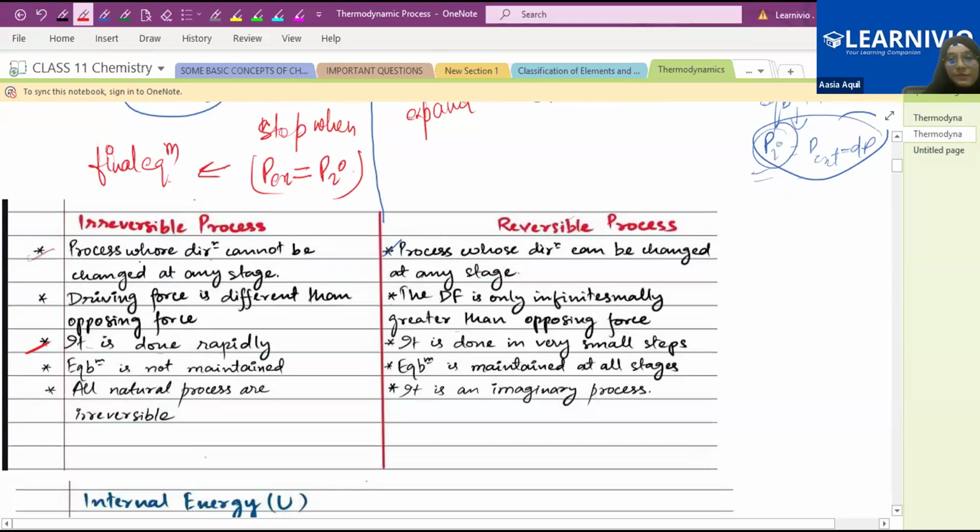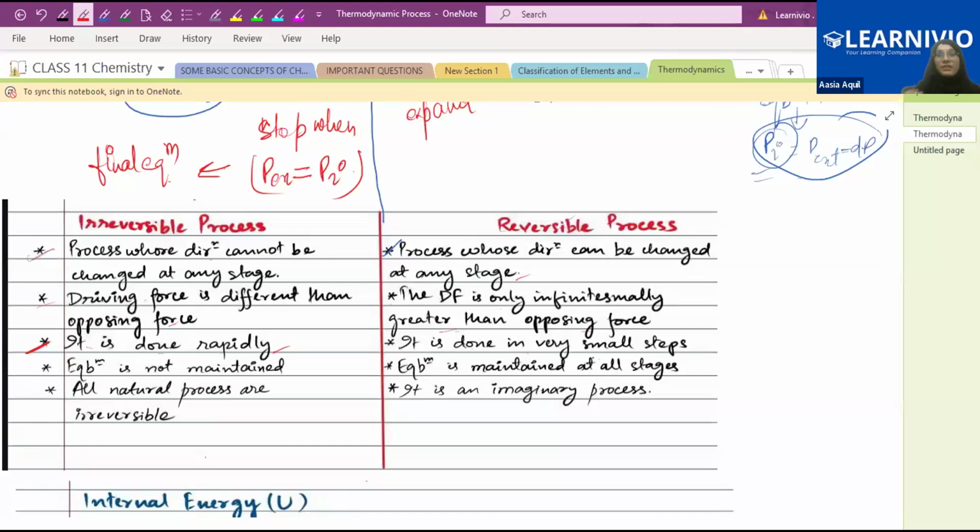A reversible process is the one whose direction can be changed at any stage. Here the driving force is different than the opposing force, and in the irreversible process the driving force is greater than the opposing force. It is done rapidly, like a sudden change. And the reversible one is done in very small steps.